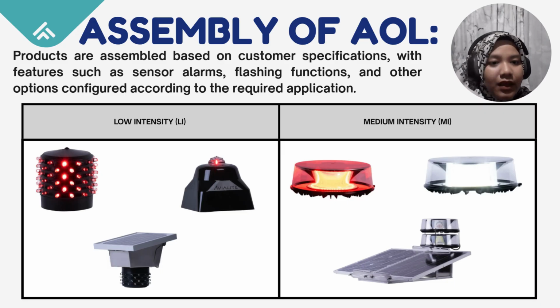So for medium intensity series, the model also can differ according to the electrical specification and also functional feature. So therefore, although the product may look similar, the voltage and also the intensity level of the model might vary depending on the customer requirement.